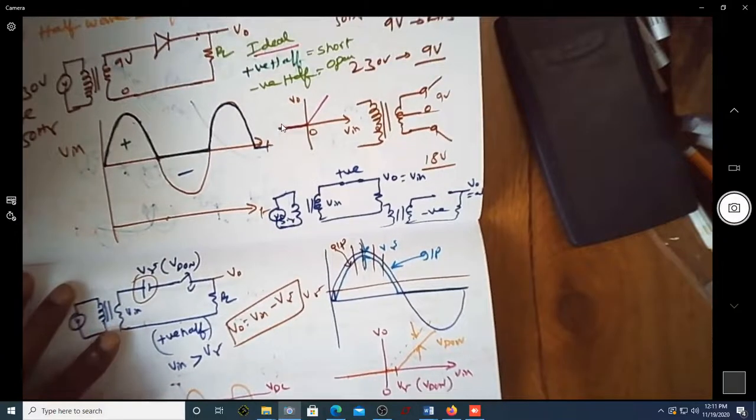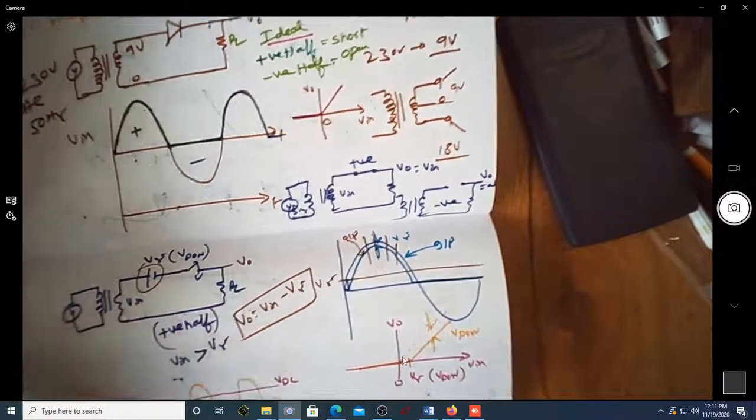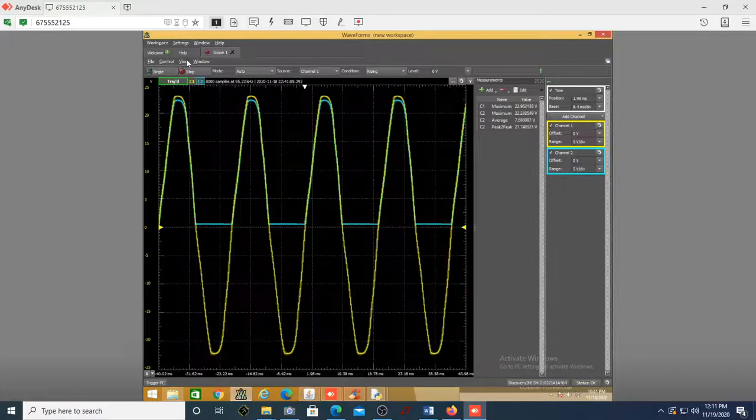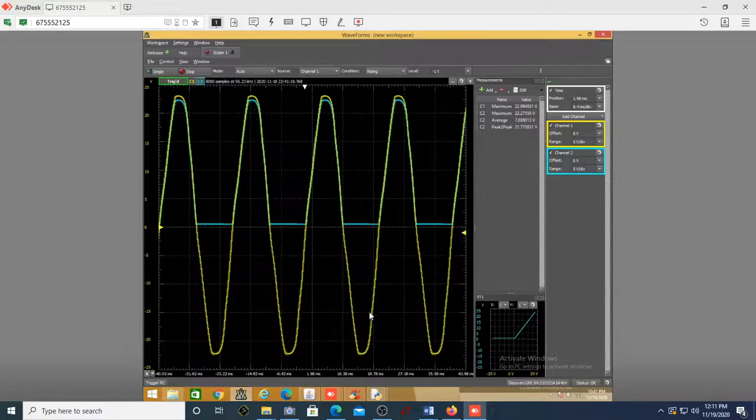It is this. We can see now this is the ideal one, whereas the typical one is something like this. So till V gamma it will be 0 and then it increases. You can go to view, go to this XY plot, and you can see that over here. I'll just expand this.